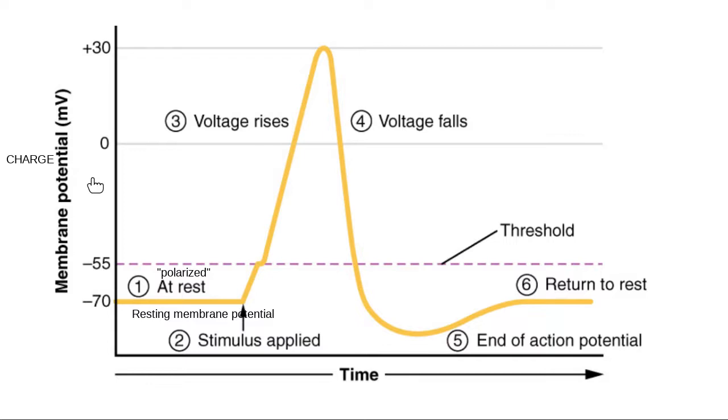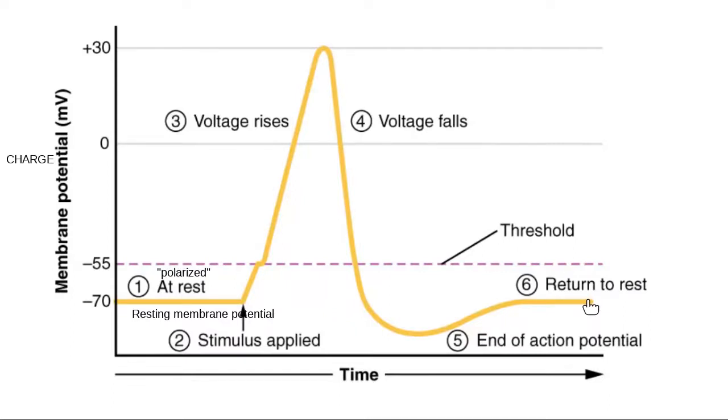When we're looking at this graph, what it shows us is what happens to the charge on a membrane from when it's resting, when it's listening for its neighbors to talk to it, to when it receives a message from its neighbors, all the way till it decides to talk, to pass that message on, back down to when it gets back to rest, back to normal.